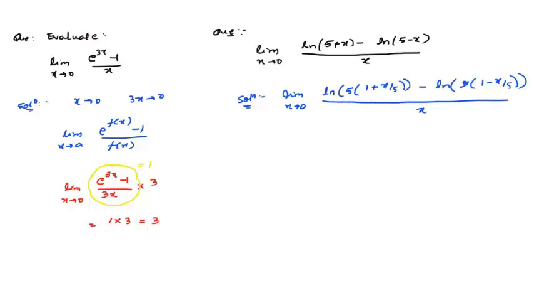Now if you observe this carefully, we have ln of m into n, and we can write ln of m into n as ln of m plus ln of n.